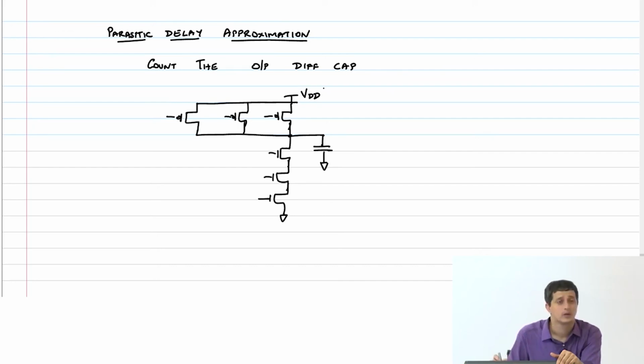what is the net cap here? 3, 2, 2 and 2. 9C, right? You count the output diffusion cap and simply divide it by the cap of a reference CMOS inverter.